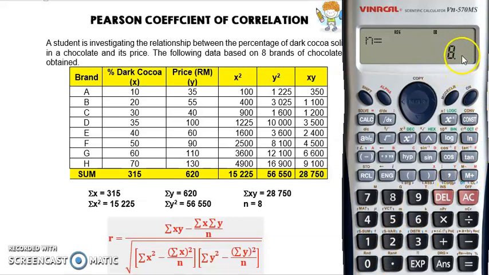Now at the end we get n equal to 8, which is equivalent to the number of samples here.